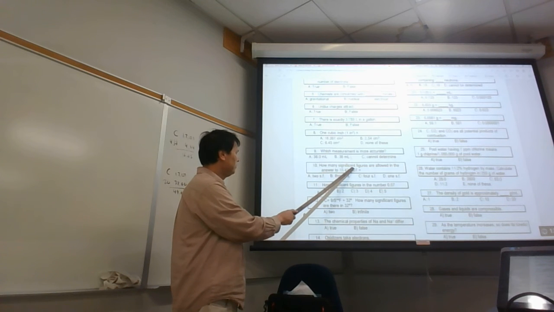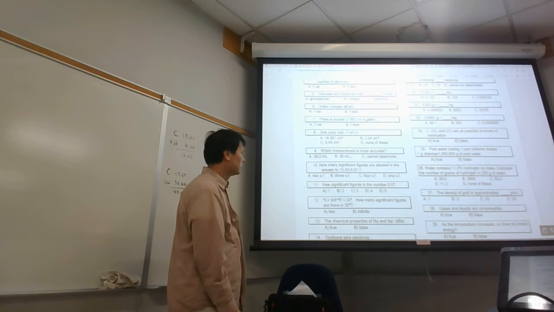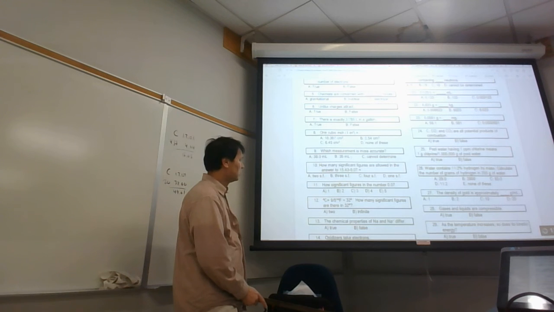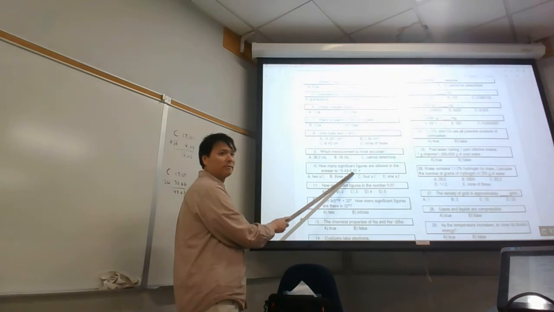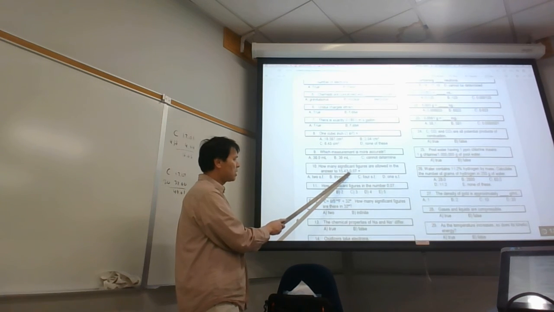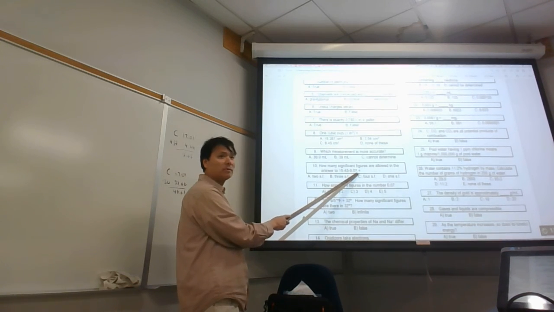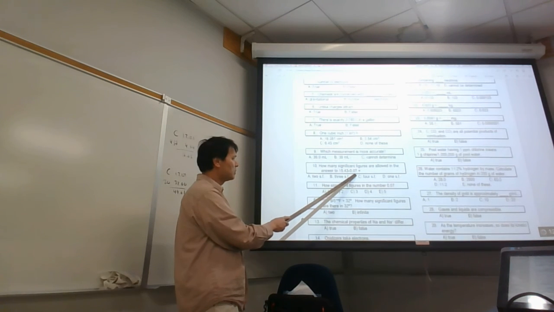10, how many significant figures are allowed in the answer to this? 2. Okay, 1 because 0.07 has 1. Except this is subtraction. And the rules for subtraction are decimal places. So we're allowed how many? 1, 2. We're allowed 2 decimal places. And so when we do the subtraction, we're still going to have 2 decimal places.